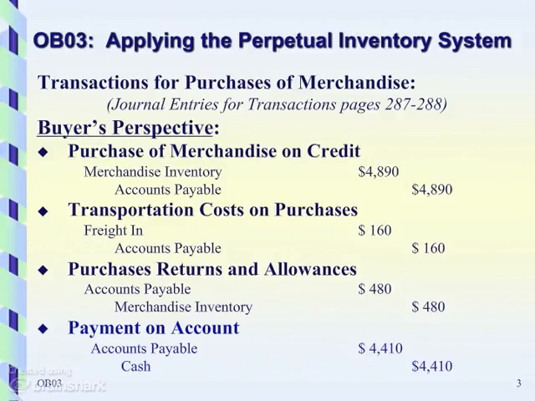So $4,890 less the $480, and the amount that still remains outstanding to be paid is $4,410. So our accounts payable outstanding must be reduced by that $4,410. So we debit the accounts payable when we pay for it, and we credit our cash for $4,410 to show that we've made a payment in full on the inventory that we purchased. That takes care of the buyer's perspective.